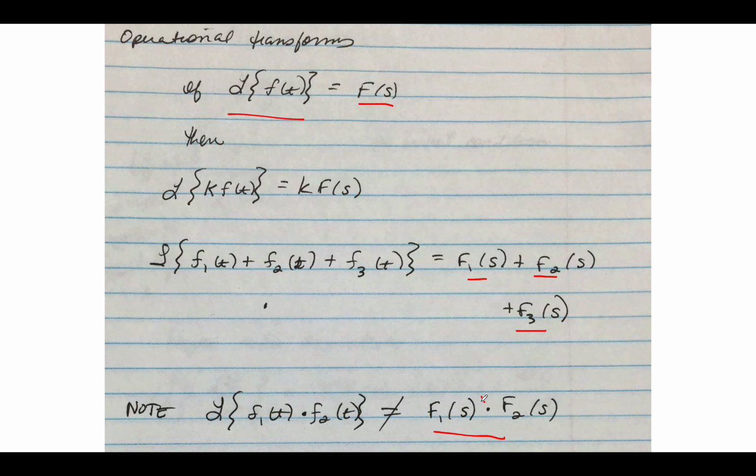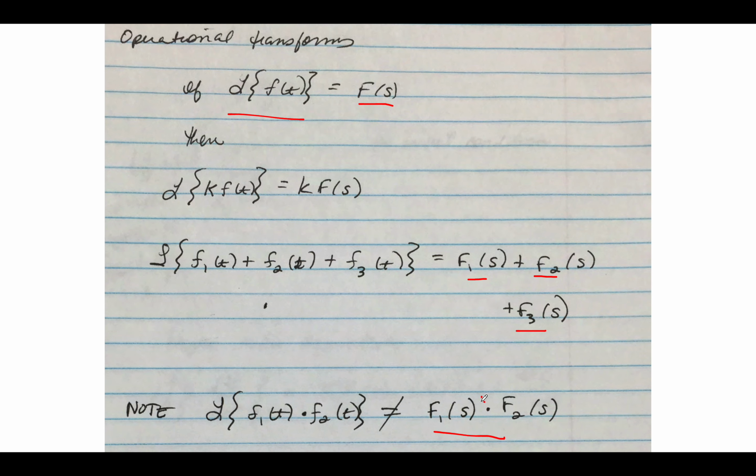Okay, so a differential in time basically corresponds to multiplication by s in the Laplace domain. F(s) represents the transform of the undifferentiated function f(t), and f(0-) is the initial condition. Now this can be generalized to higher order.